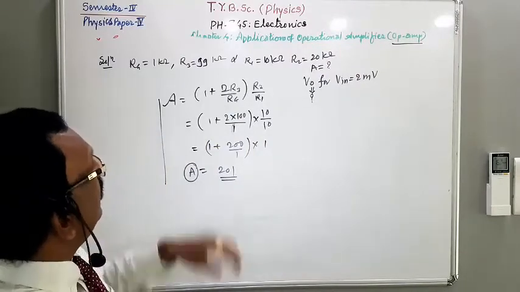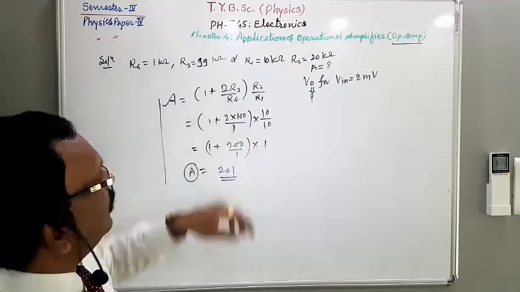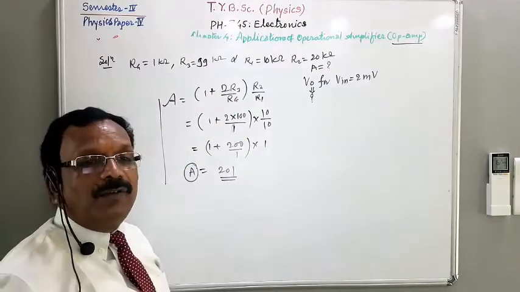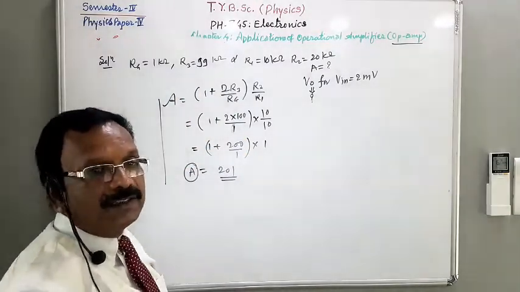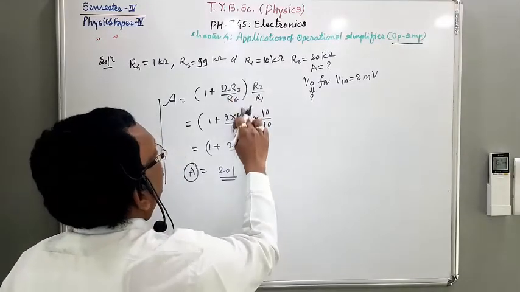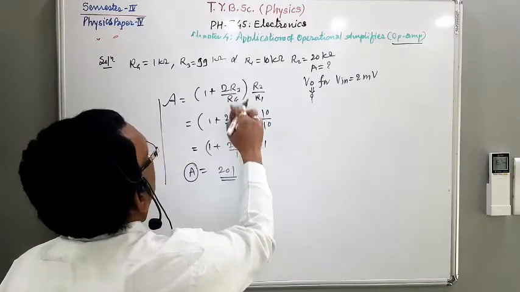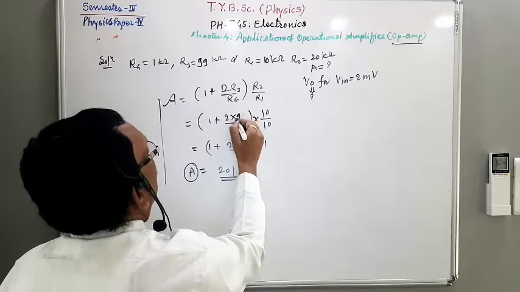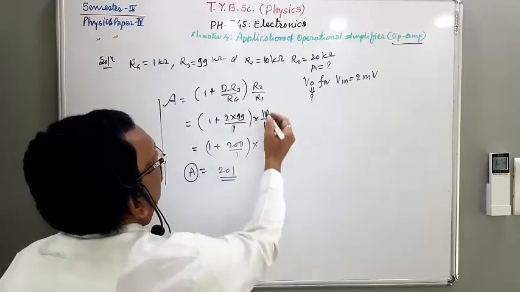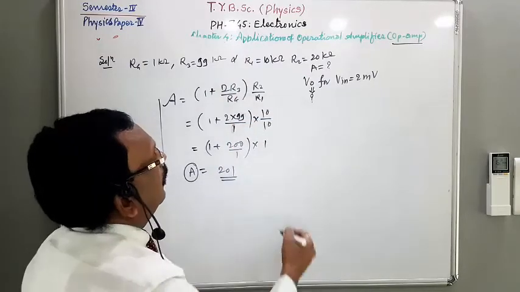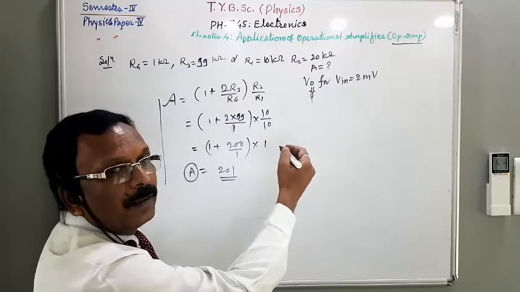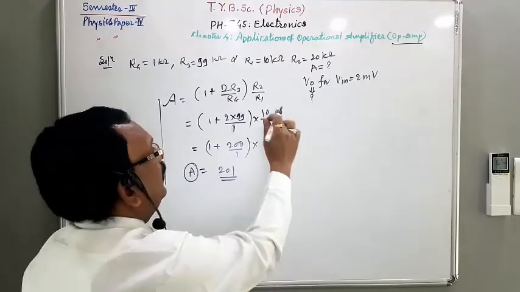See here, we only changed the data. Instead of 100, we consider 99, and instead of R2 equal to 10, we consider 20.